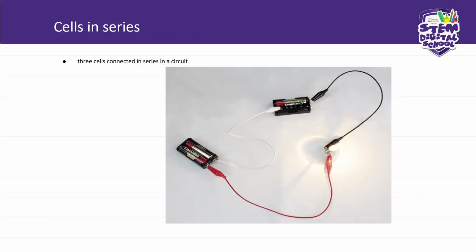There's a lead between the first power source and the second one, and that makes a series connection. Let me hear what you have to say. So this is a series connection of the power source.